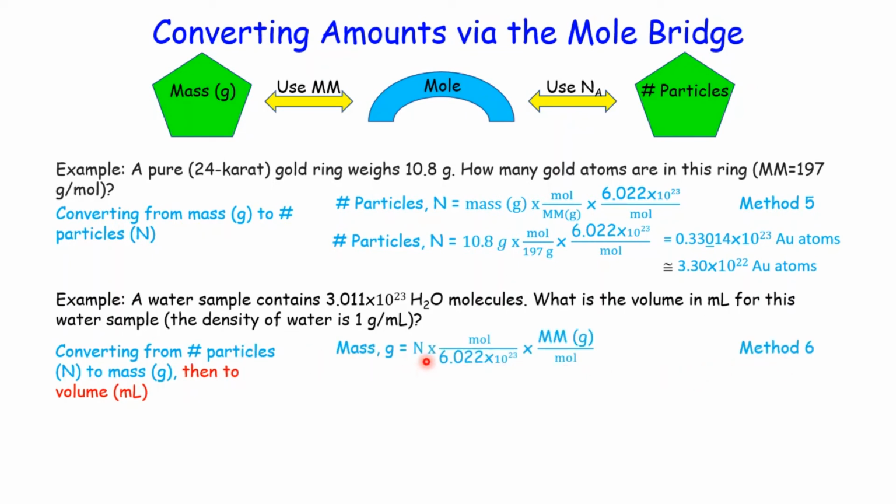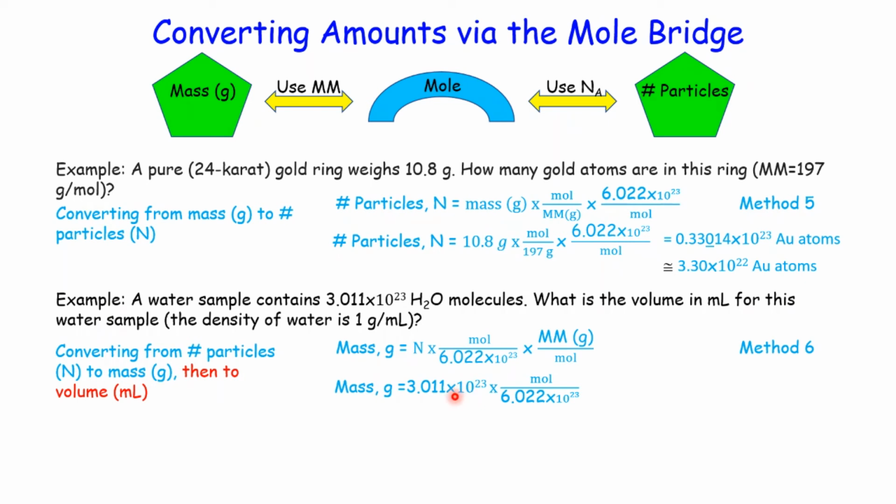Okay, that's from particle, 2 steps, to mass. Then you are not done yet, because it's a volume that is asked. So therefore, after we find out the mass, we have to convert that to volume. That's why I wrote that here in red. So the red part is not a part in method 6 equation.